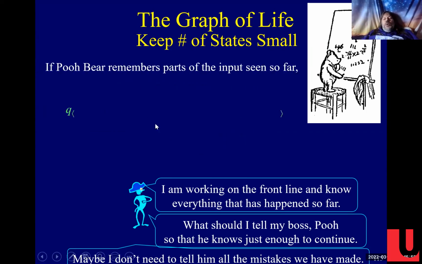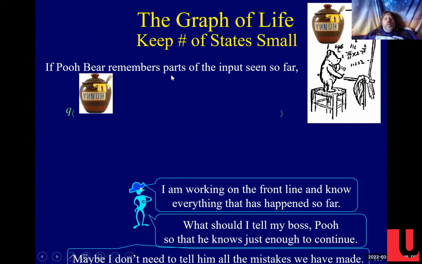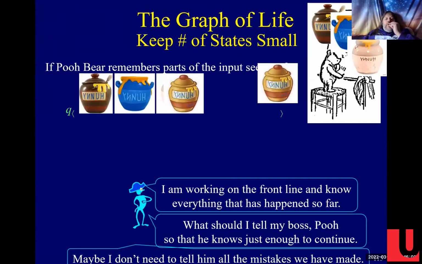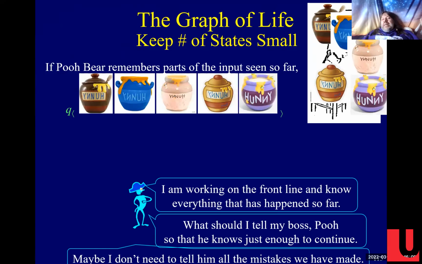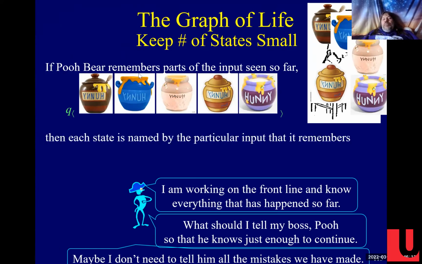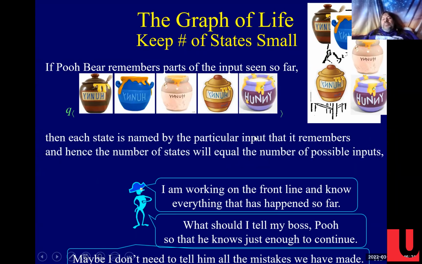Anyway, what might we remember? We might remember every object that we've read in so far. Is that a problem? If we remember everything we've read in so far, then the number of states will be the number of possible inputs.